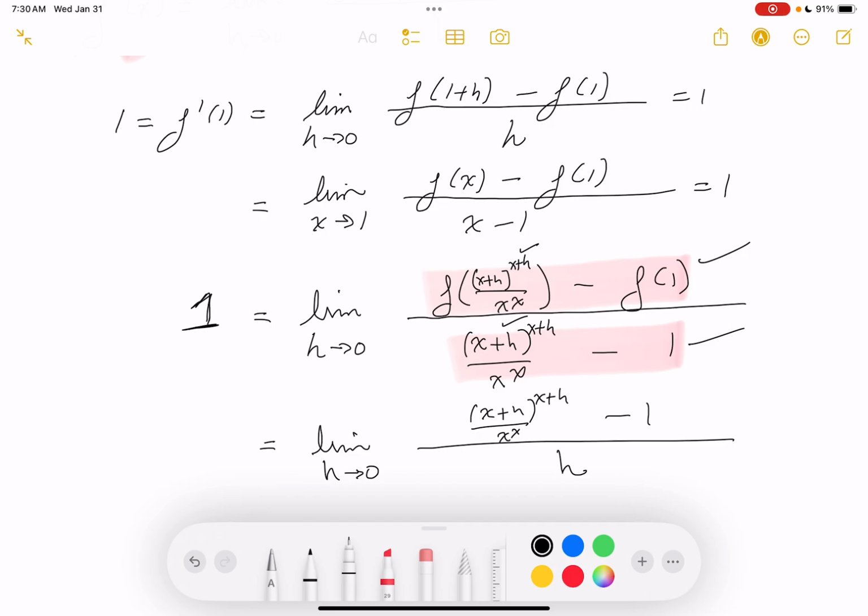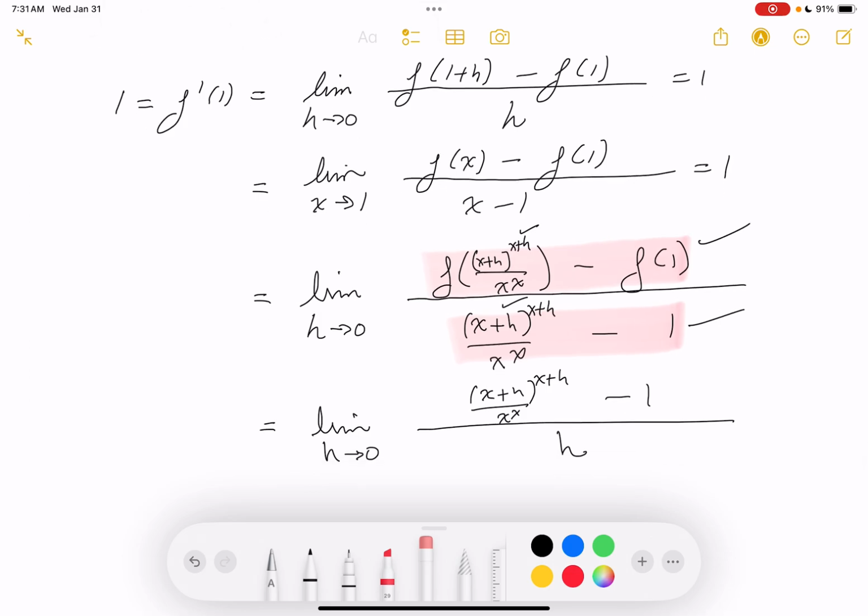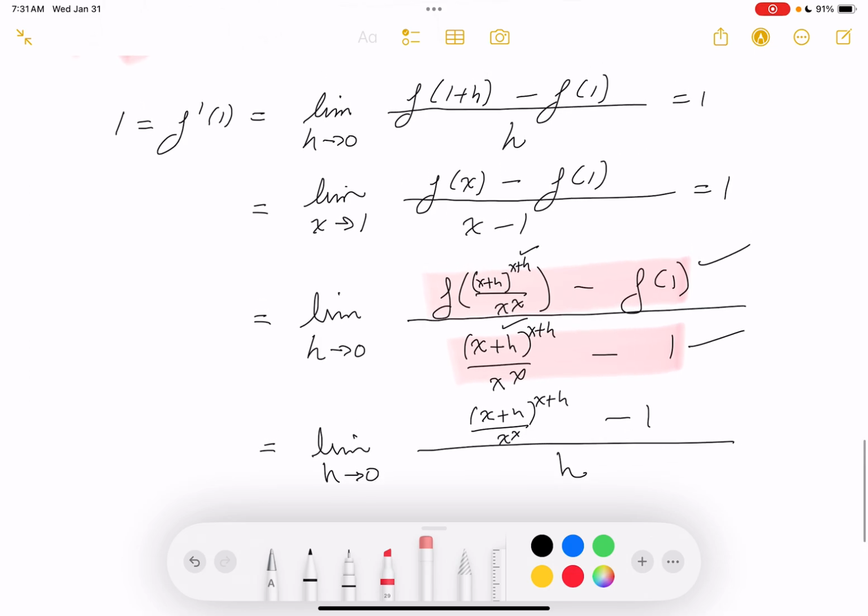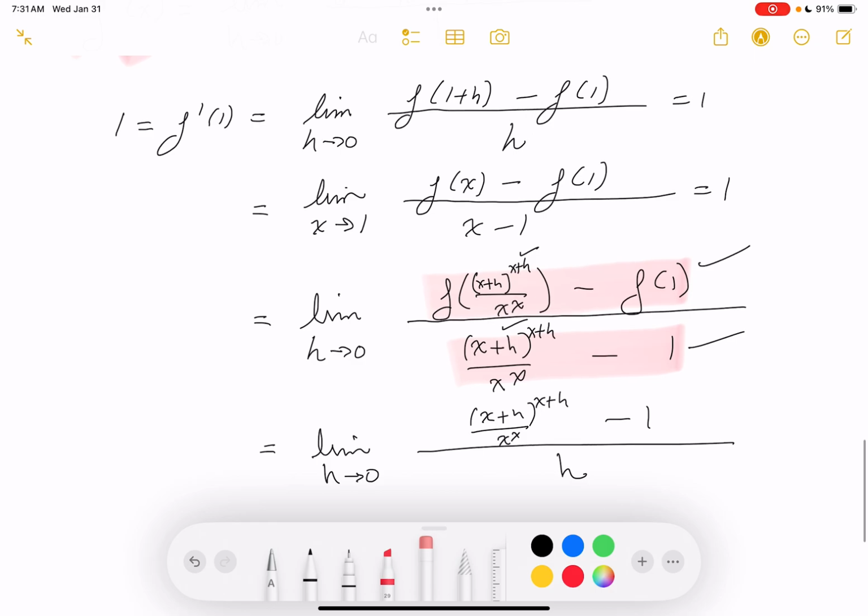Let me see if I can do that. And let me just think about that for a second. So I got that. Let me go backwards. I'm thinking about what to do with that instead. Well, you know what?